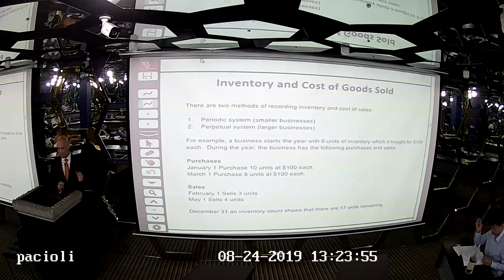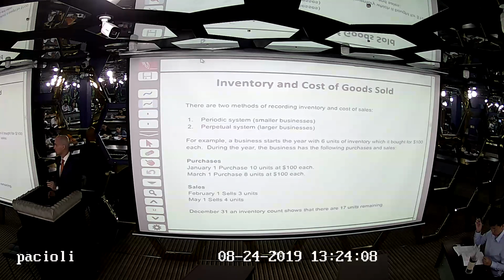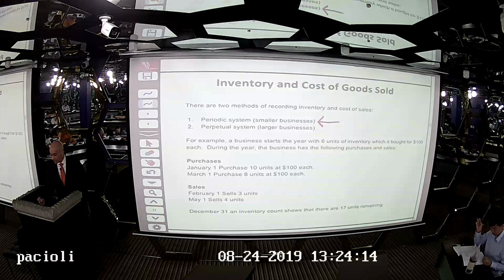So, as it says in the slide here, there are two methods of recording inventory and cost of sales. Number one, the periodic system. Number two, the perpetual system. And for your exam, you will be tested mainly on the periodic system.